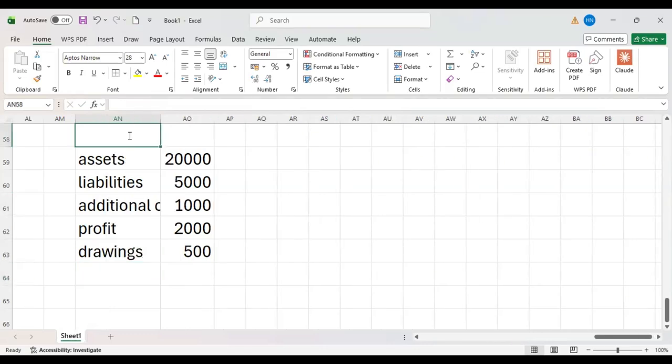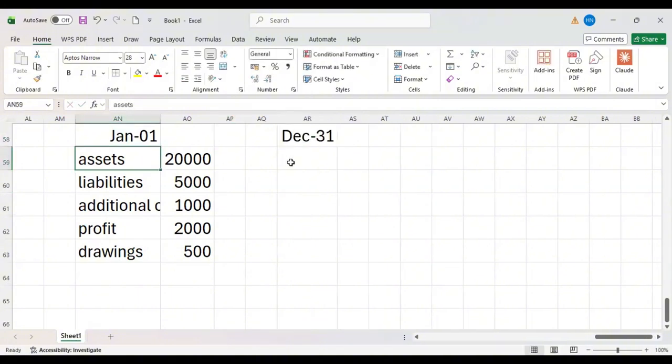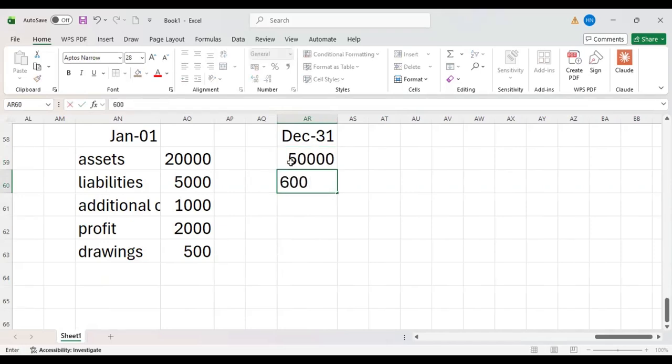And then December 31st: assets 50,000, liabilities 6,000, additional capital 2,000, profits 3,000, drawings 500.